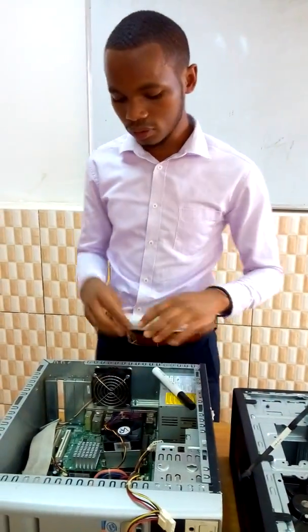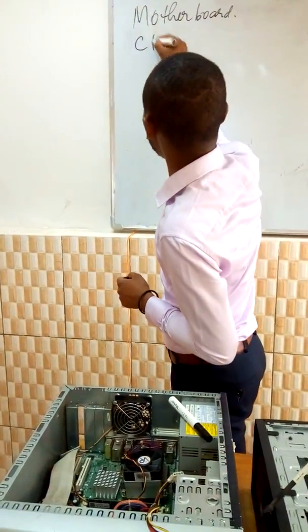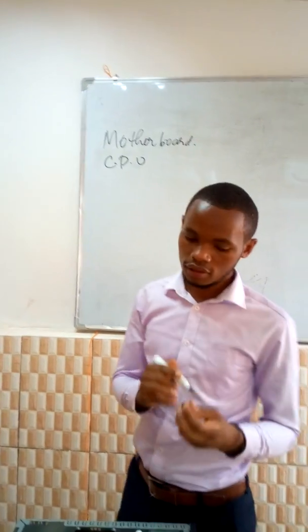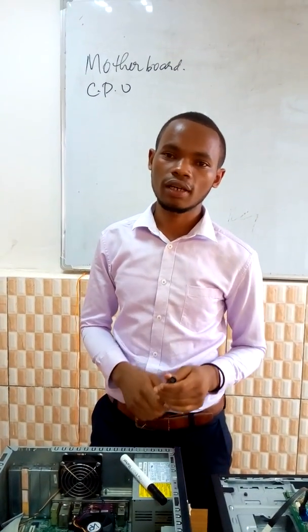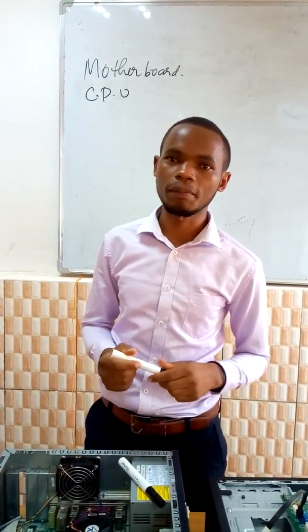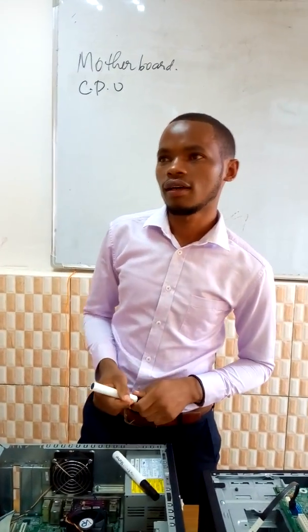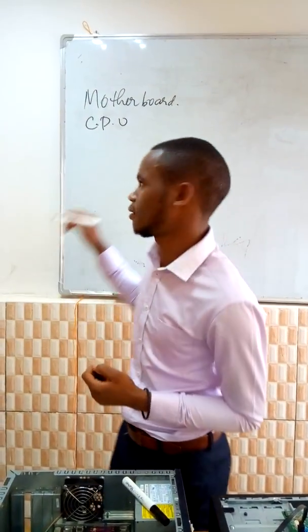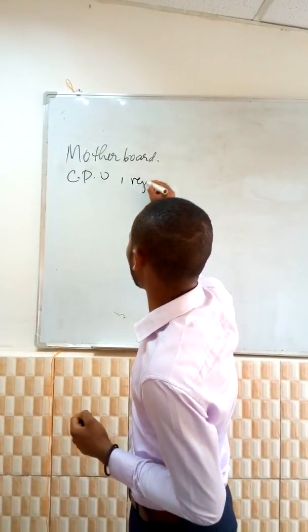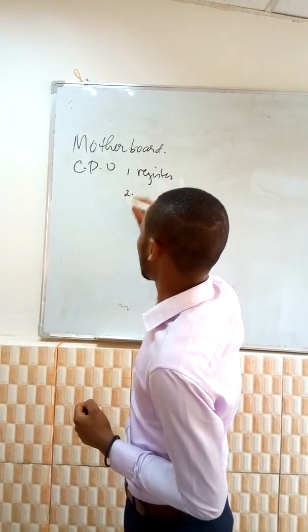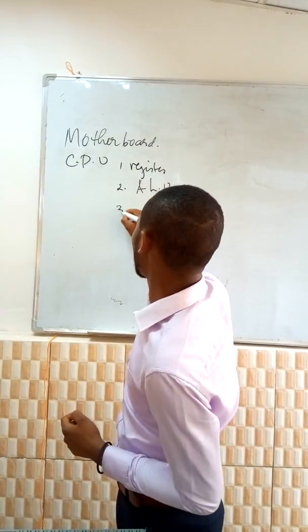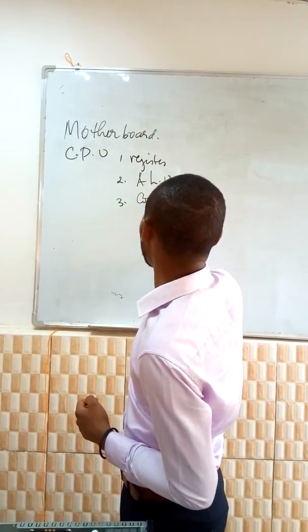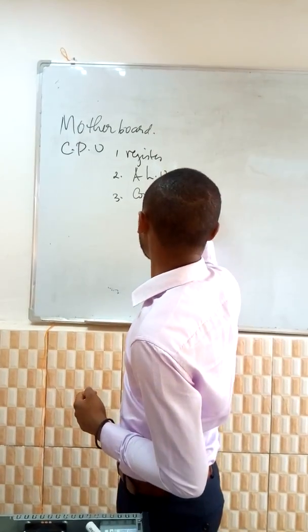Let's talk about the CPU. CPU in full is called Central Processing Unit, and it is the brain of the computer. It has three main parts. One is the register, the second is the arithmetic and logical unit, the third is called the control unit.